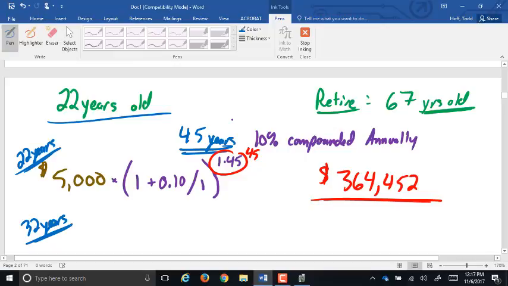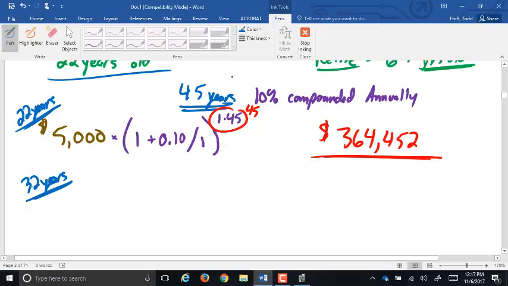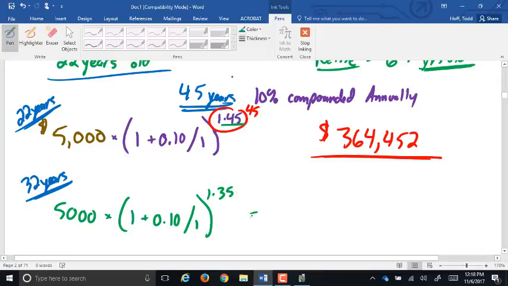Well, we'll bring that up here in just a second. What if you waited till you were 32 years old and then decided, okay, now I'll start worrying about retirement? Well, how many years would that be? Instead of 45, it's going to be 35.